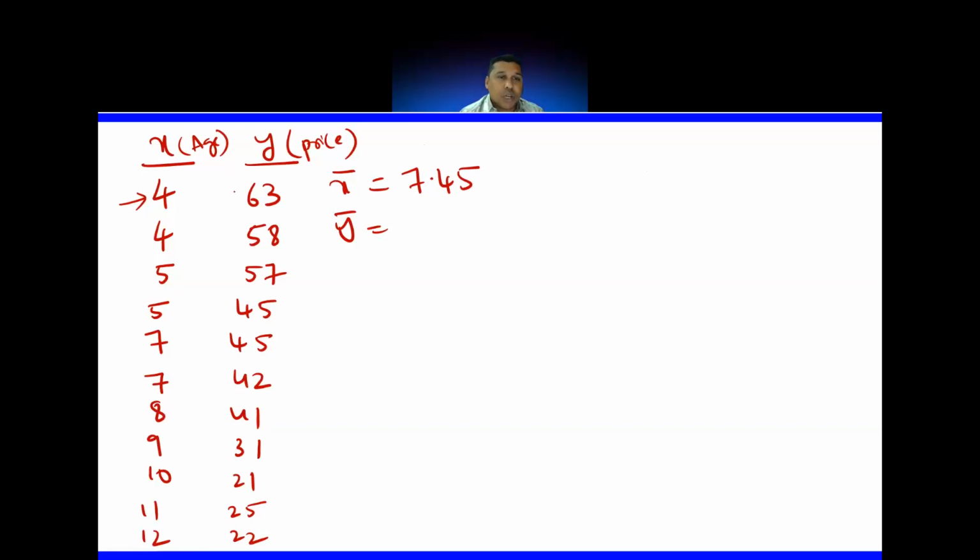But still, we want to find the equation and check when we give some value between 7 or maybe some value here. 6 is missing. We can try for 6 and check whether the price falls within this range or not.